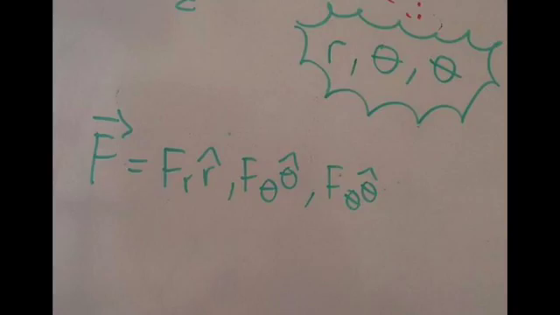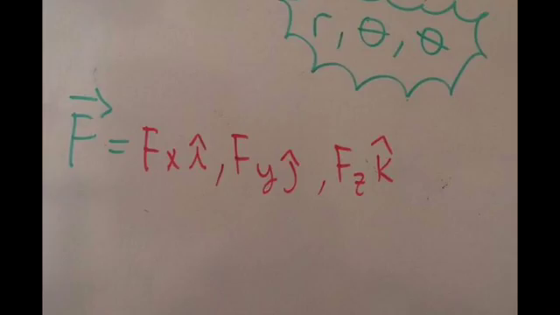So if we want to write this force vector, we are going to write it as f of r with its unit vector, r unit, plus f of delta times its unit vector, plus f of phi times its unit vector. This is exactly the same as if we wrote f of x times its unit vector plus f of y plus f of z, each by its unit vector.